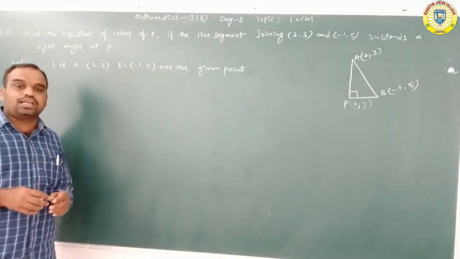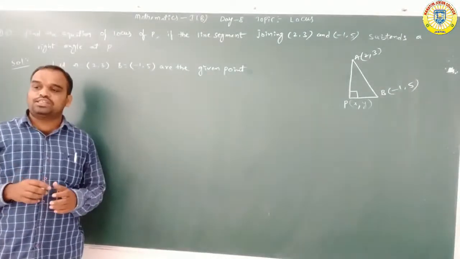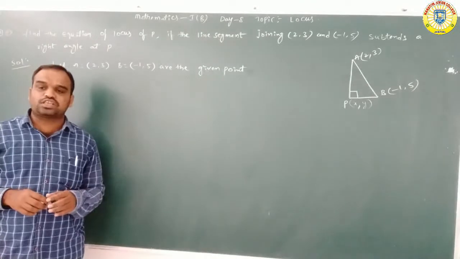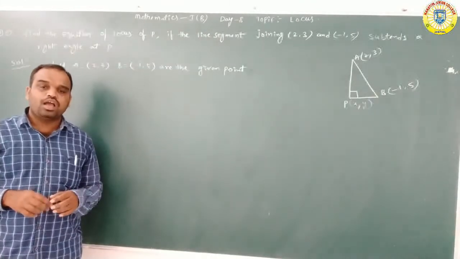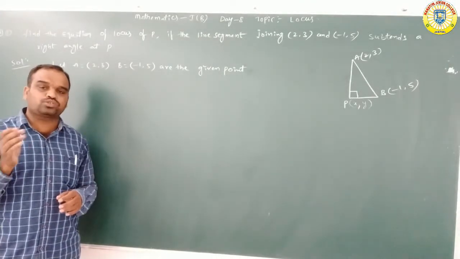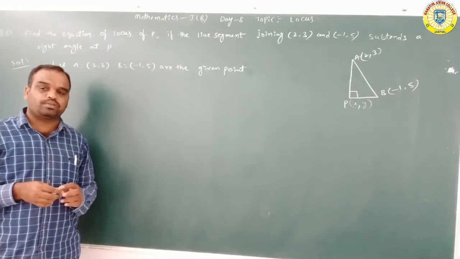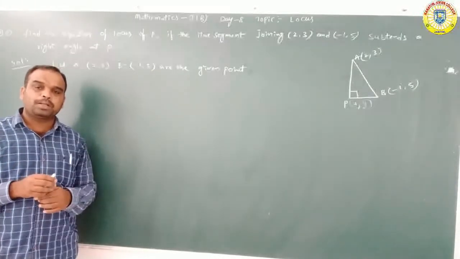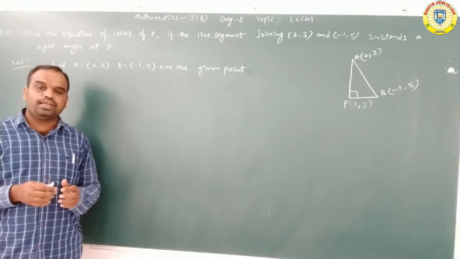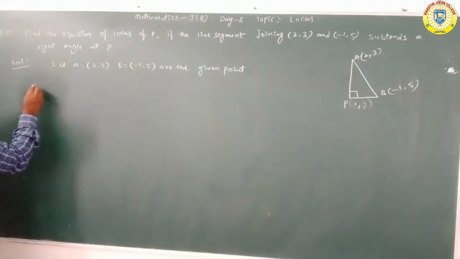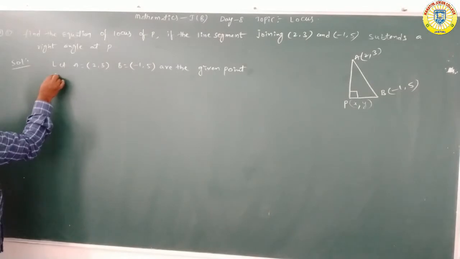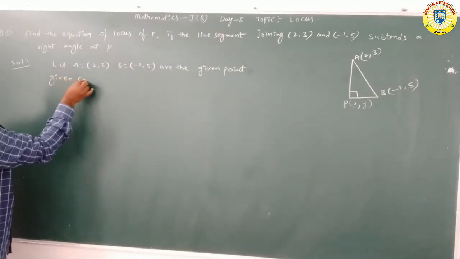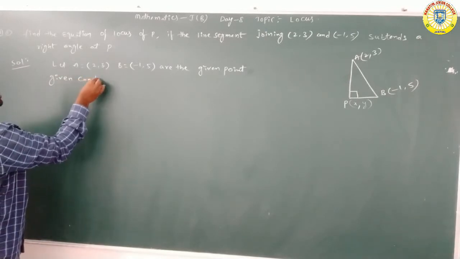Every right angle triangle satisfies one condition: the square of the hypotenuse is equal to the sum of the squares of the remaining two sides. Hypotenuse squared equals base squared plus height squared.